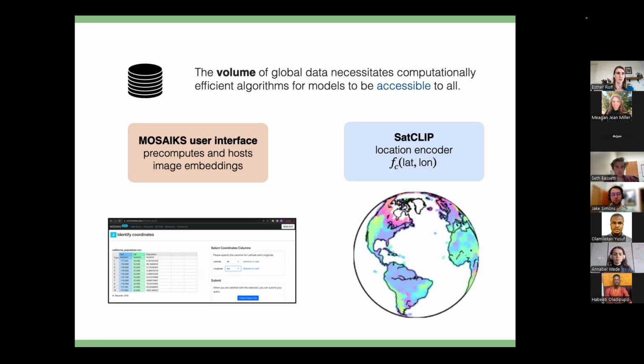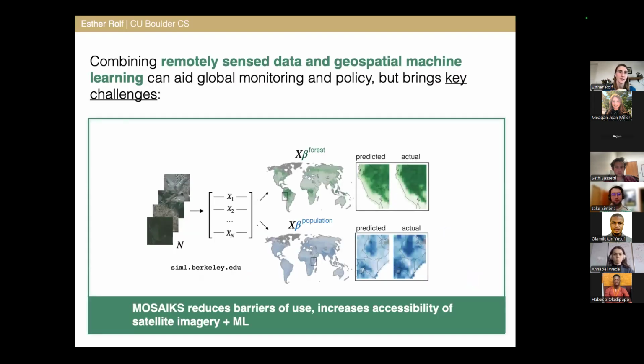But coming back to our overall goal, we want to combine remotely sensed data and geospatial machine learning in order to aid global policy and environmental monitoring. But there are key challenges. We just talked at length about barriers of use and the need to make methods more accessible to folks.